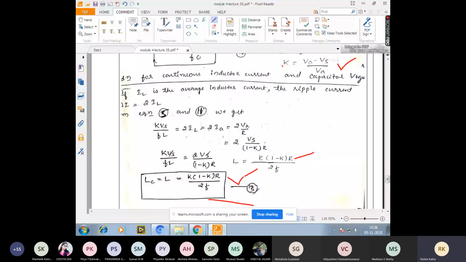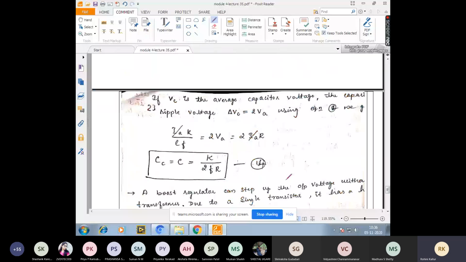Next parameter to be calculated is the capacitor, or the critical value of capacitance. So if Vc is the average capacitor voltage, then the capacitor ripple voltage is delta Vc, which is equal to 2 Va.